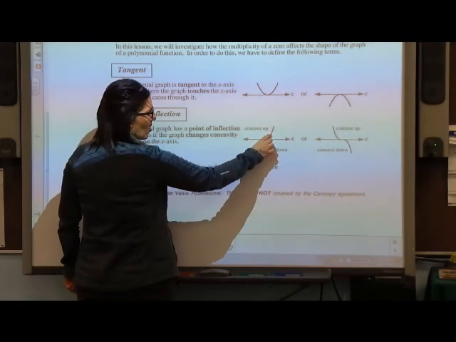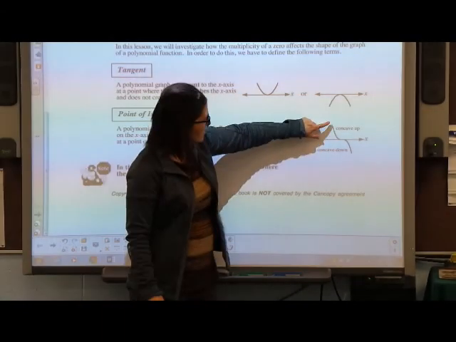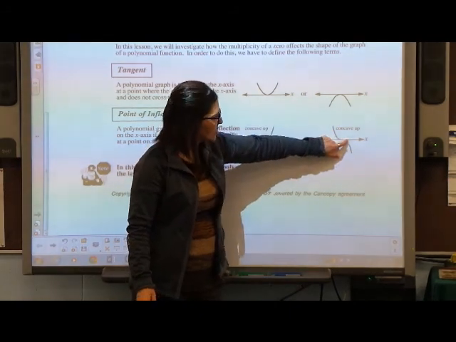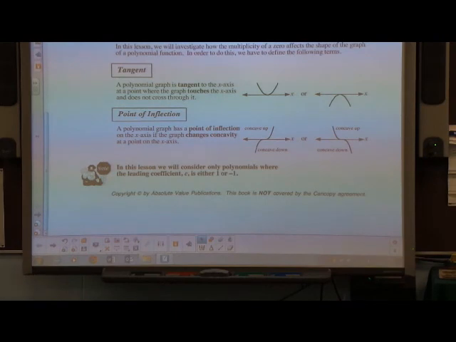So it goes from being concave up to concave down, and it changes at the x-axis. So I have that point of inflection. At this point, we're only looking at polynomials that have a leading coefficient of +1 or -1. We look at other leading coefficients in the last lesson, lesson 10.